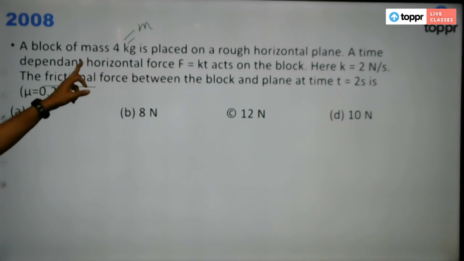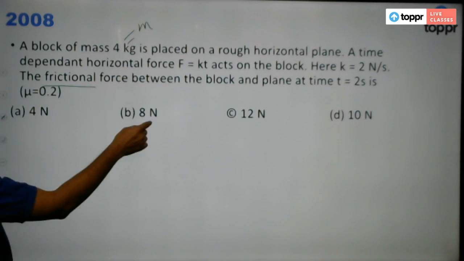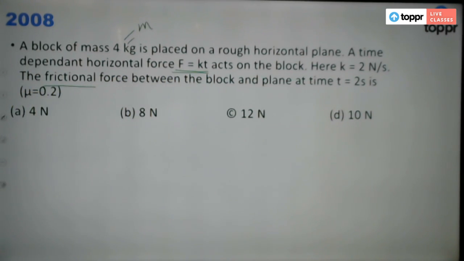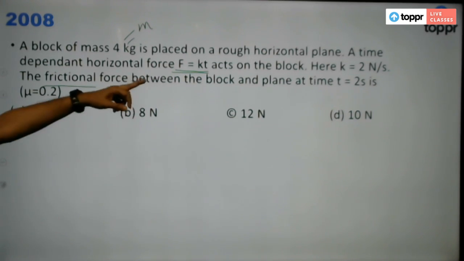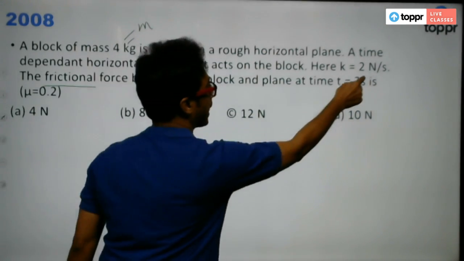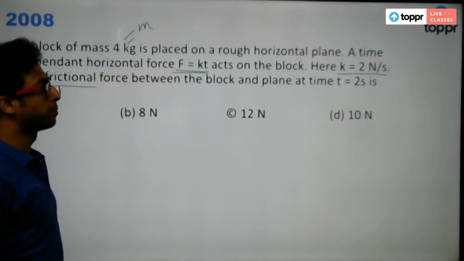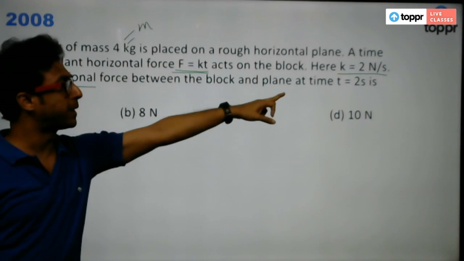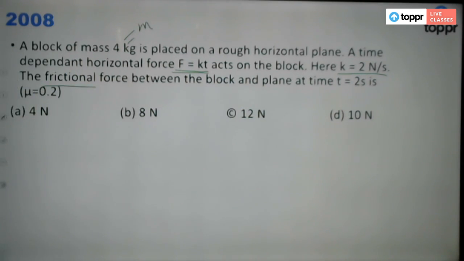A time-dependent horizontal force, kT, acts on the block. K is a constant, the value is given, K equal to 2 Newton per second. The frictional force between the block and the plane at time t equal to 2 seconds, we have to find out.